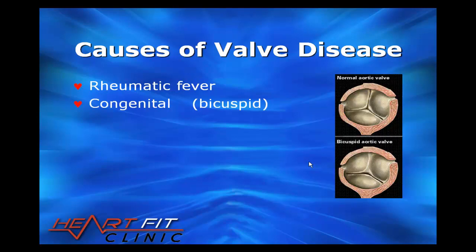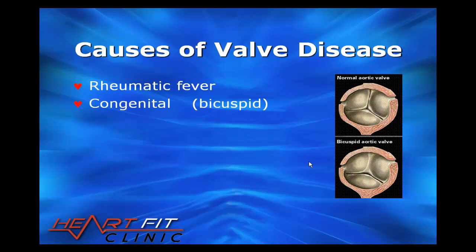Congenital disease is a birth defect. Instead of having 3 flaps, like you see in the above diagram, it only has 2 flaps. This can lead to aortic stenosis, an abnormal narrowing of the aortic valve. It can become significant enough to restrict the blood flow from the left ventricle to the arteries. Heart problems then start to develop.